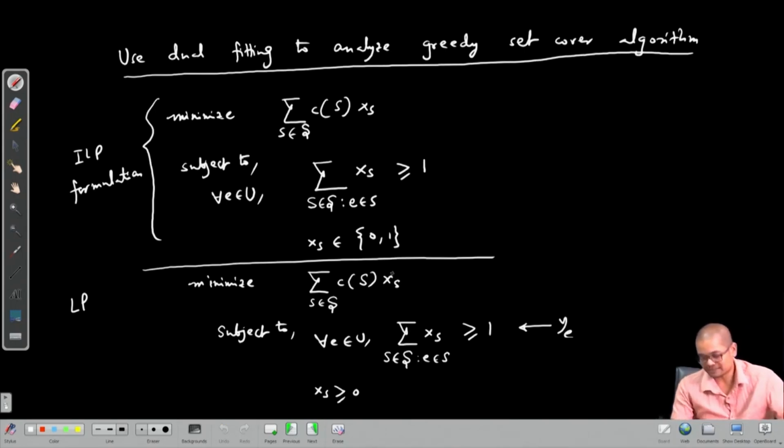now look at this set variable x_S. Which constraints does it belong to? It belongs to all the constraints corresponding to its elements.